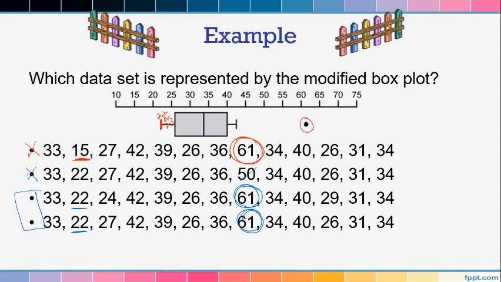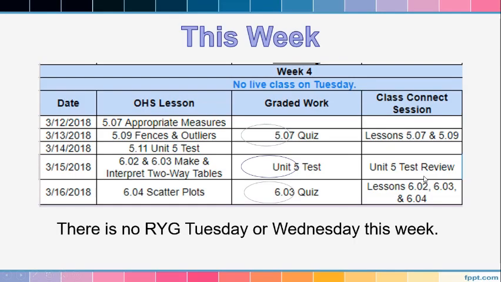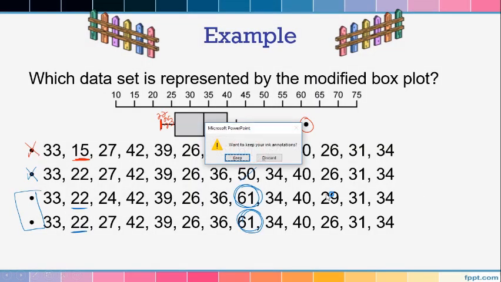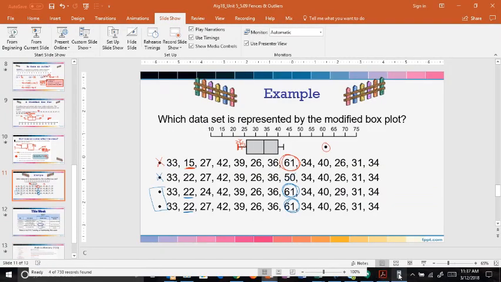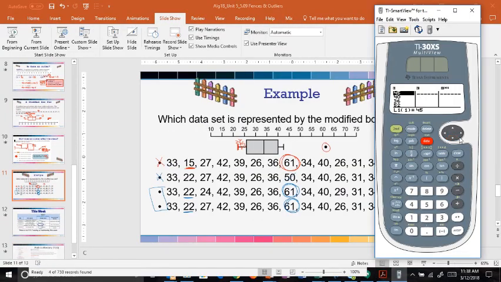So the way that I would do this is to use my calculator. If you don't have a calculator to do this, you're going to have to order these by hand and find your quartiles to match. So let's go ahead and pull up my calculator again. I'm going to go into data.